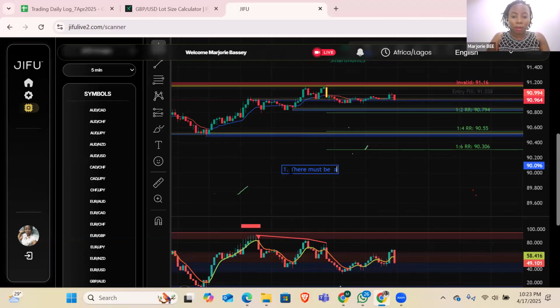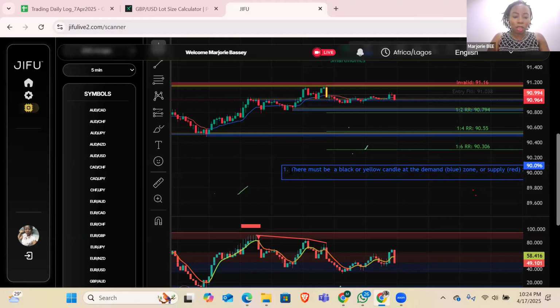So there must be a black or yellow candle at the demand blue zone or supply red zone.